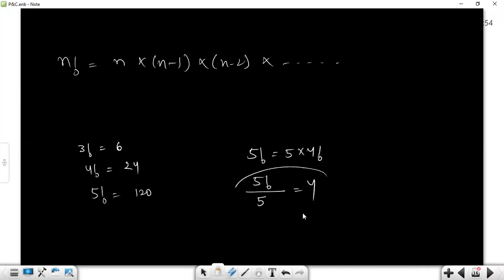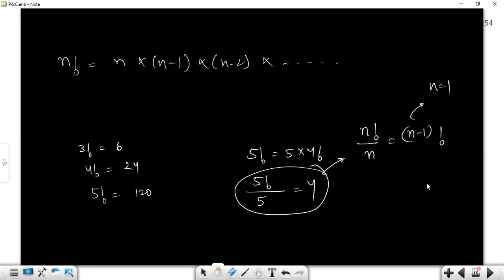From here we can derive a formula that n factorial divided by n is n minus 1 factorial. So when we find 0 factorial, n should be 1. So for 0 factorial, the right hand side should be 1 factorial divided by 1. So 1 factorial by 1 becomes 1 only. So 0 factorial hence becomes 1.